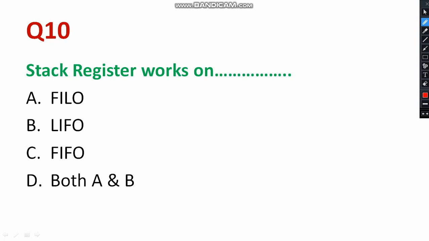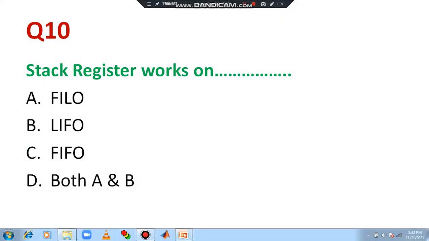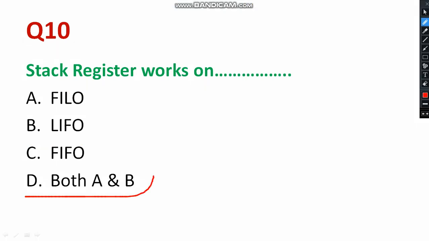The stack register contains address of top of the stack. Therefore, we can say that it works based on first in last out and last in first out principle. So both A and B. Regarding the right answer, I need to choose both A and B. Both are correct. First in last out and last in first out. Both answers are correct.